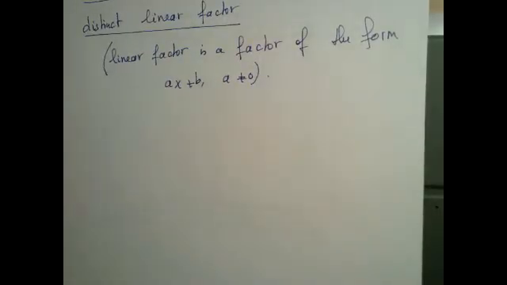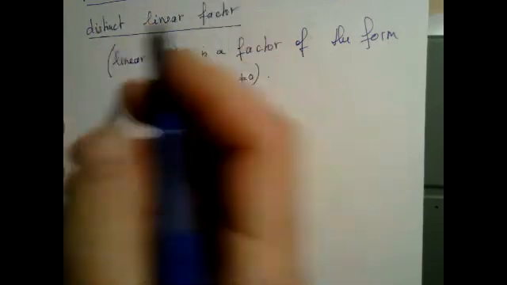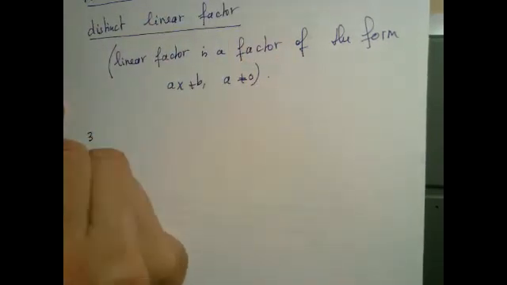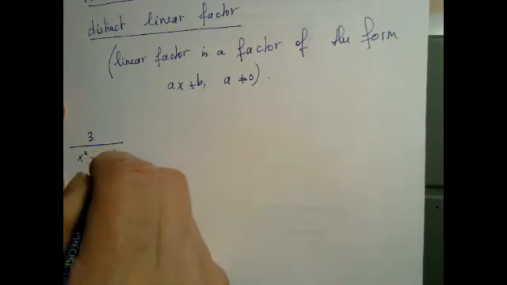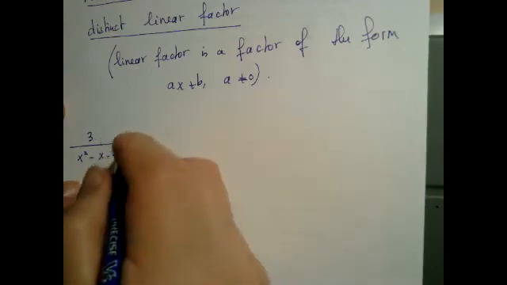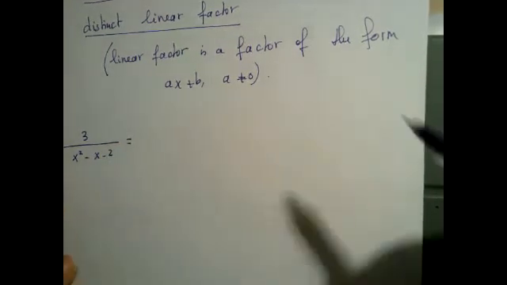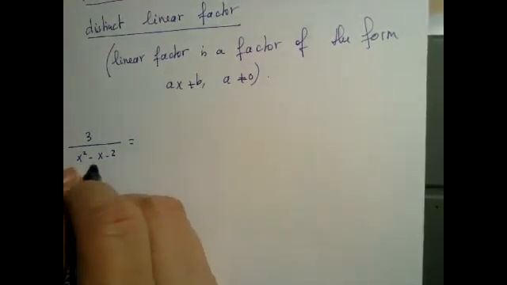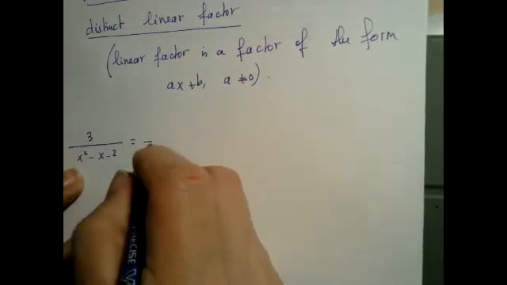So suppose I have a function. Let me take 3 over x squared minus x minus 2, the one I just gave you. How do we decompose it? Step 1, factor out the denominator completely.